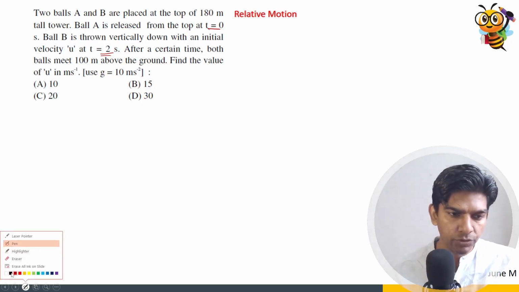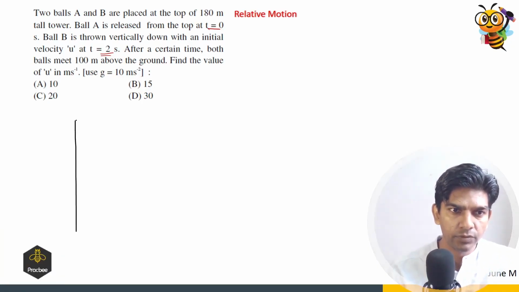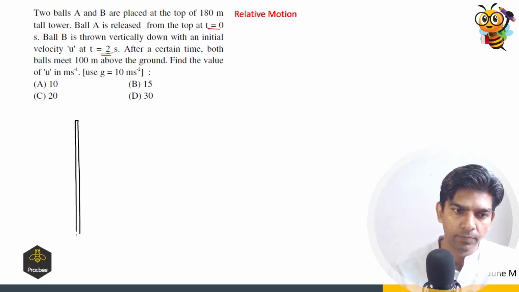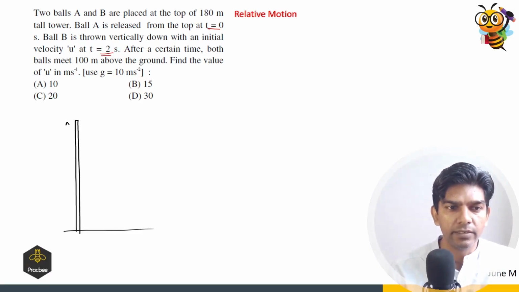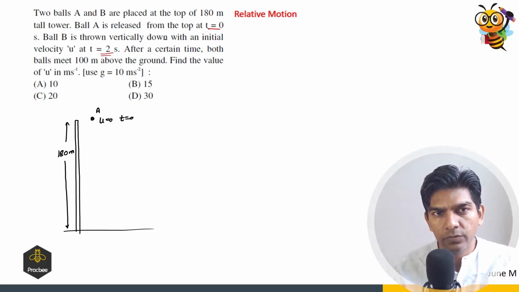Let me show you the situation. We have a tower and its height is 180 meters. We have released ball A from the top at t equals to 0, and ball B is thrown vertically down with initial velocity u at t equals to 2 seconds.